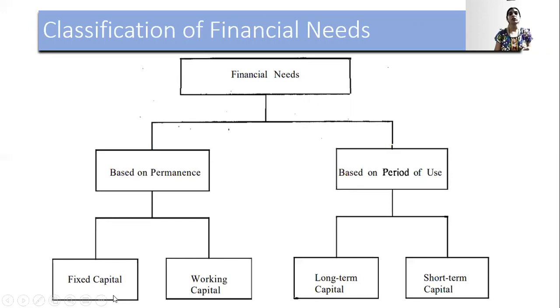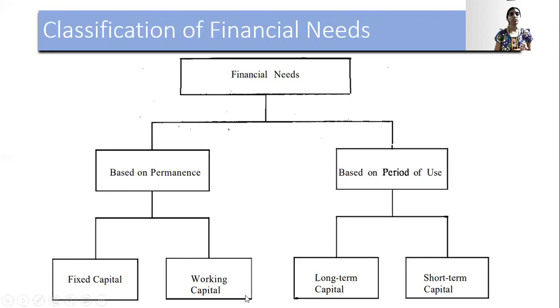Secondly, you are in need of some kind of machinery, correct? These are nothing but fixed things that are required to conduct your business. This money needs to be there for a long period of time, so that's why it is called fixed capital. I hope you all are with me.